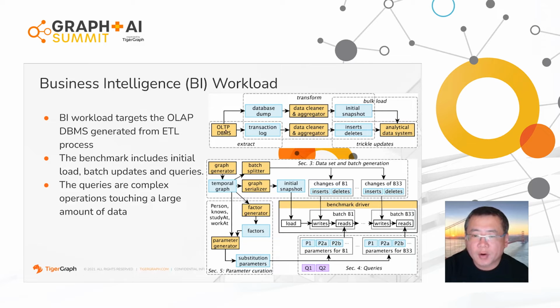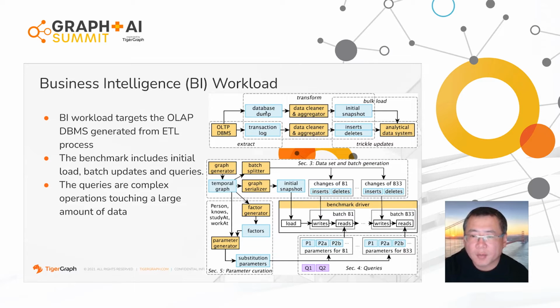You may have an OLTP database that accepts transaction queries, and sometimes you want to run analytic queries. The OLTP database system can generate transaction logs, which record the insertion and deletion transactions, and you can also dump the entire database to an initial snapshot.